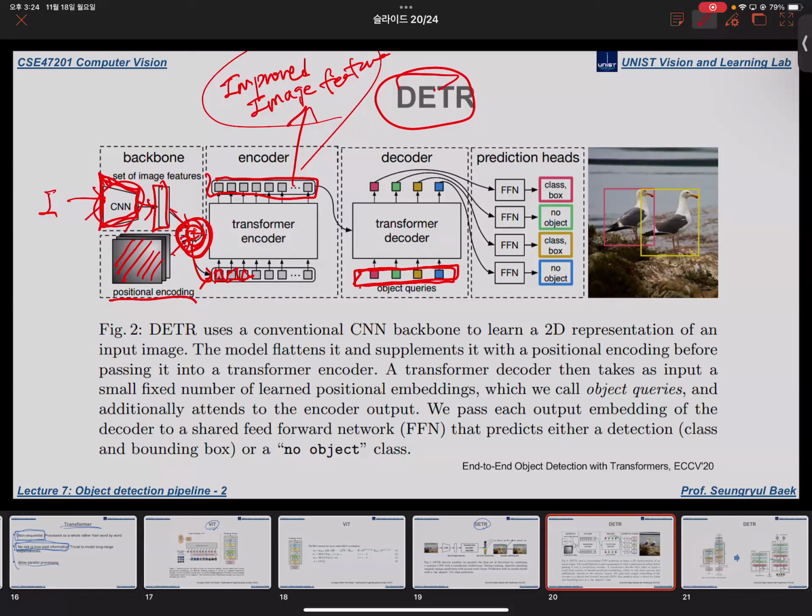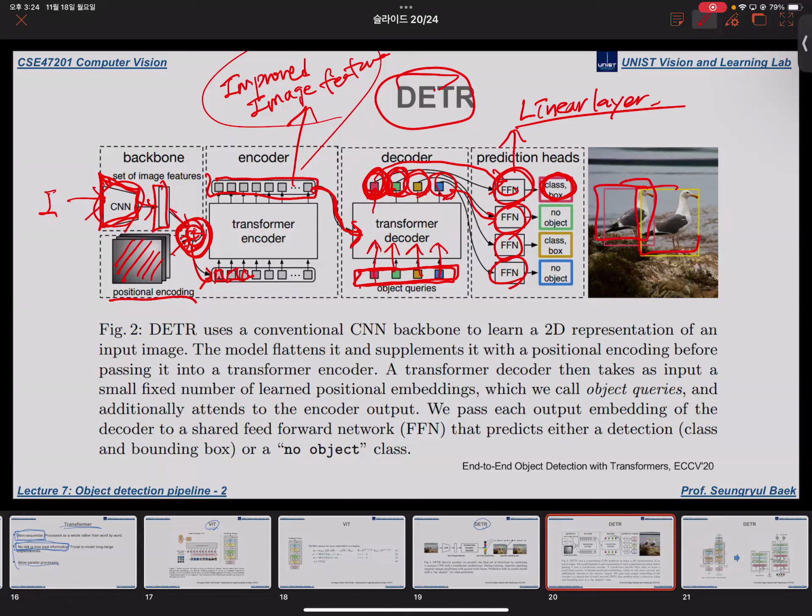Something is coming here, and that is cross-attended with the features obtained from the encoder, and we get some features, and those are mapped to the class and box with the corresponding label probability via this FFN, the feed-forward network, which might be a linear layer. And these are the outputs. Okay, are you guys following this?